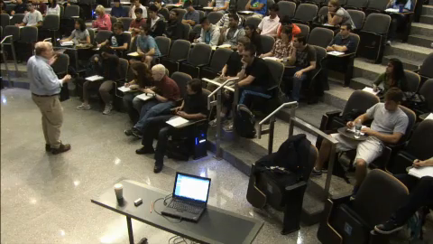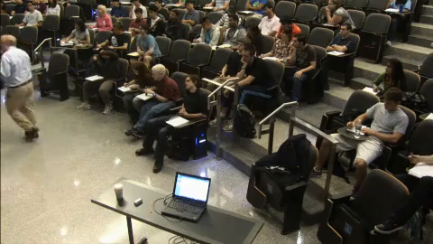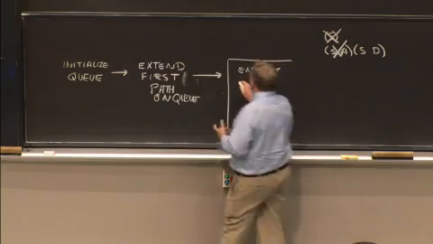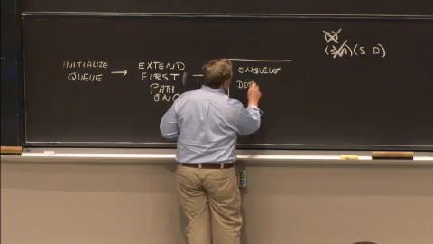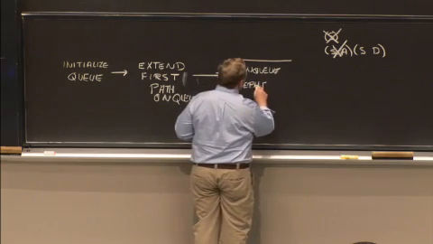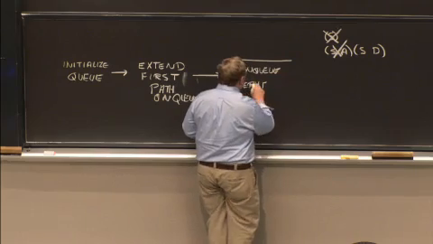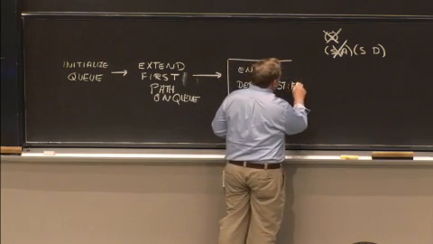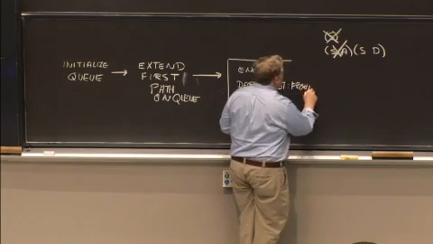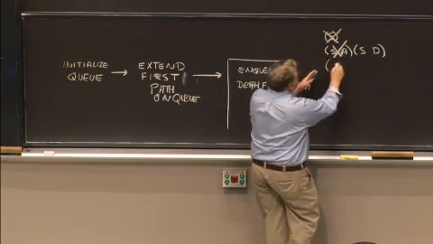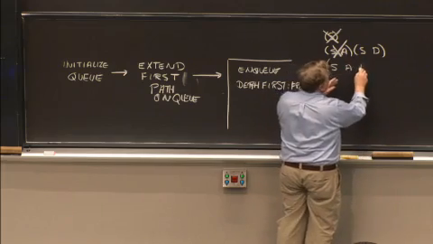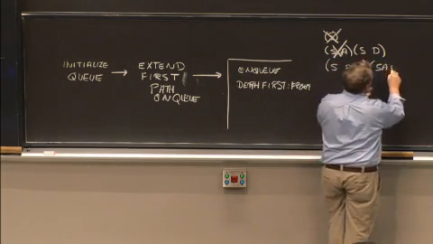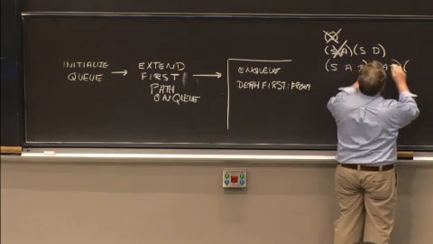I want to put them on the front of the queue. So for depth-first search, I want to put them on the front of the queue, and that's why S, A, B goes here, then S, A, D, and then that's S, B.